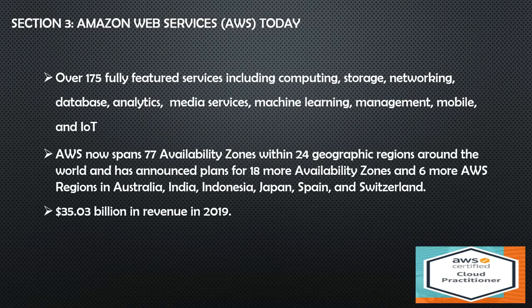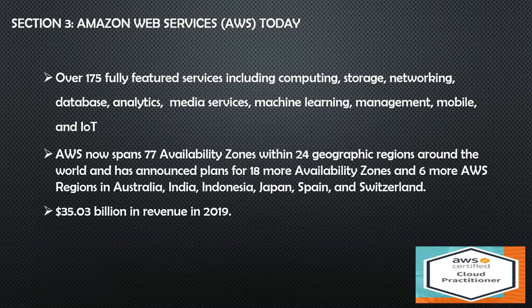So this is Amazon Web Services today. How it is today, how many features it has, right? It has over 175 fully featured services, including compute, storage, networking, database, analytics, media services, machine learning, management, mobile, IoT, robotics, AI. They are expanding like never before.